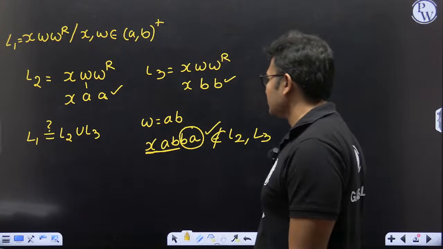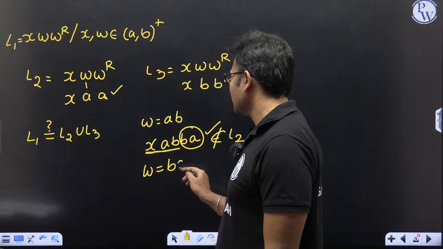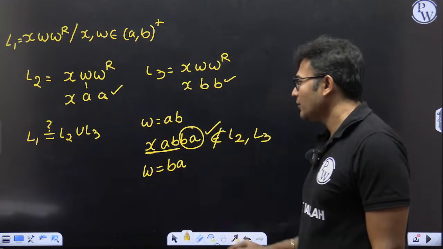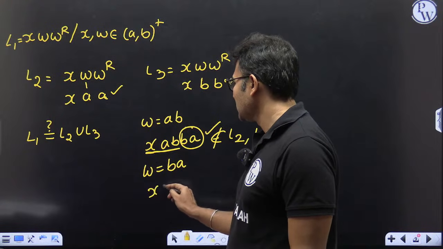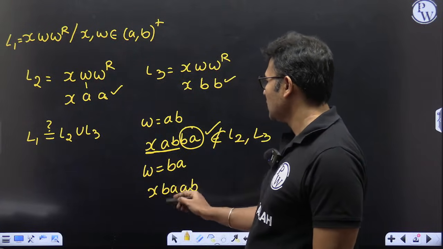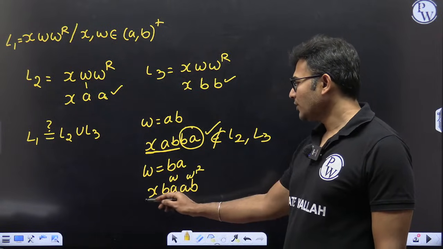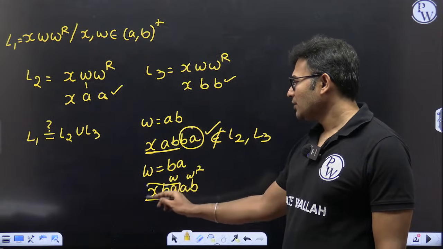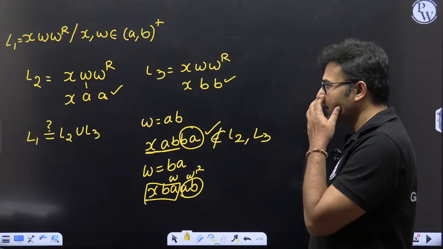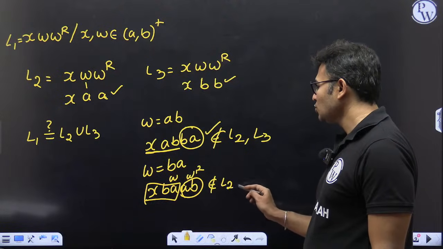Okay, Vikram. So now you put W equal to BA. Then what will the language become? XBAAB, right? Because this is W power R. Now even if X eats up BA, the string is ending with AB, and so it does not belong to either L2 or L3.